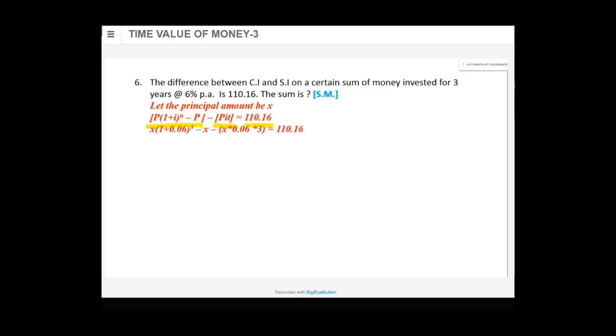P is X, let the principal amount be X. Solve and get me final answer. Now equation is given to you. Then equation दे दिया, solve करो. Nobody giving answer? At least one should give me answer.